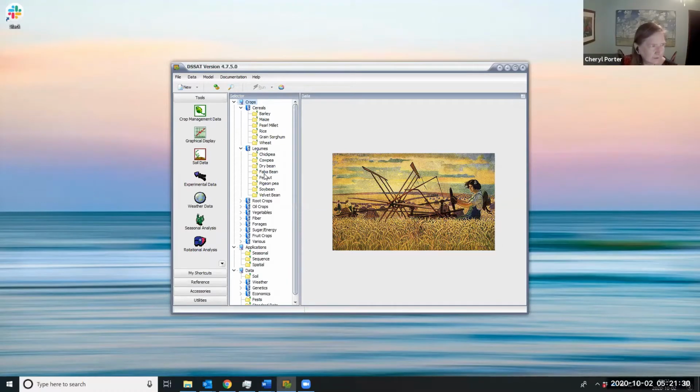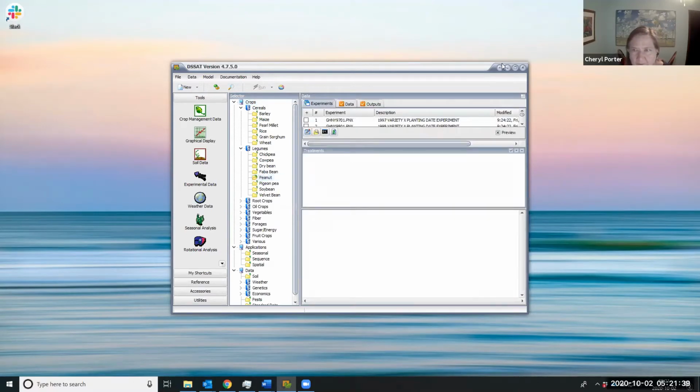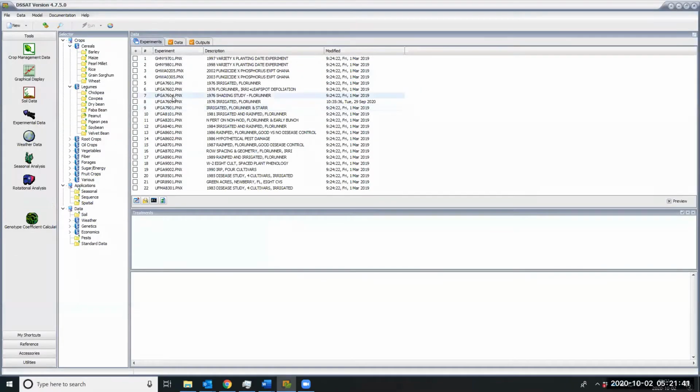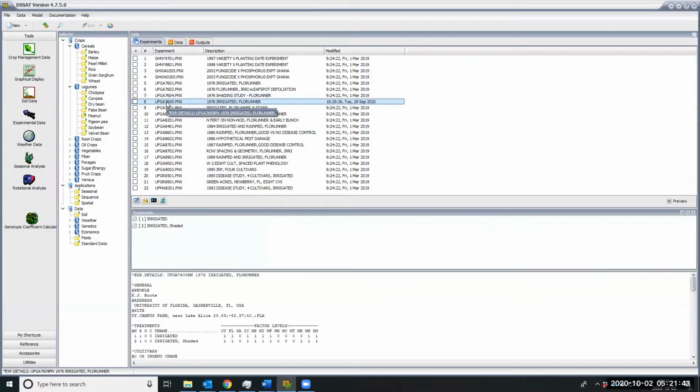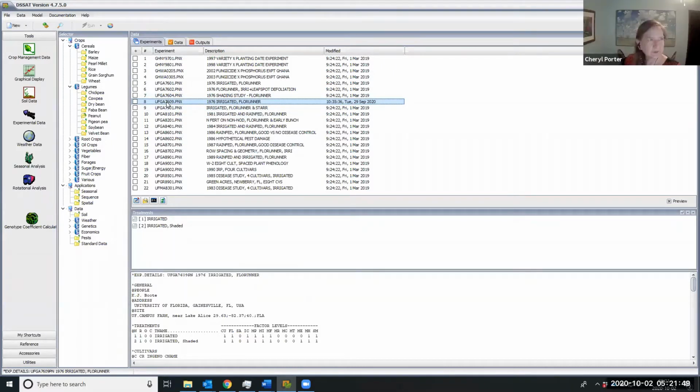So in the last exercise, you created a new peanut experiment file, UFGA 7609, which I should have here. Okay, so this is a real experiment where a shade cloth had been installed to reduce solar radiation.